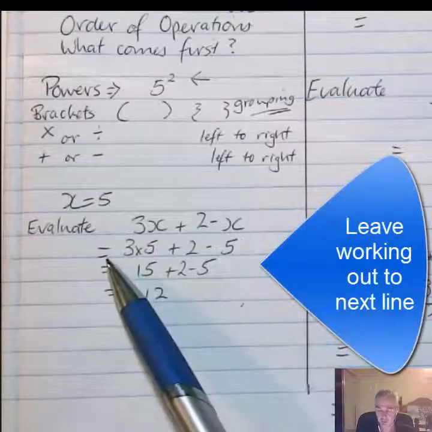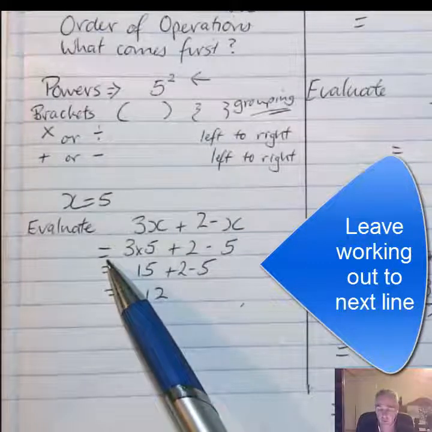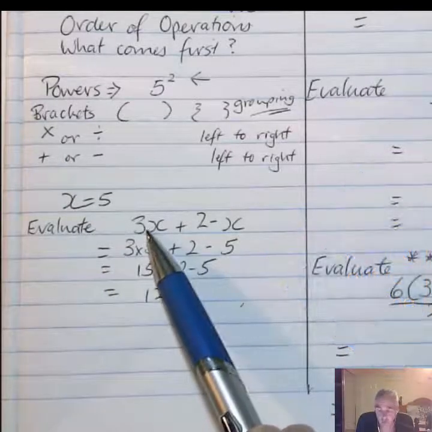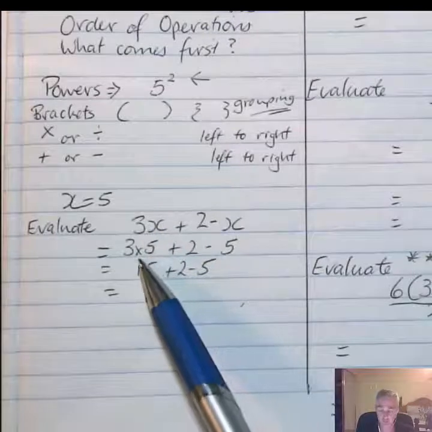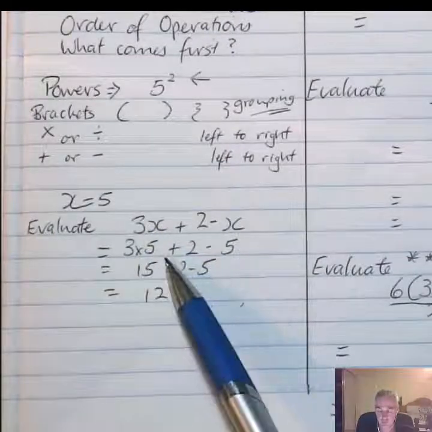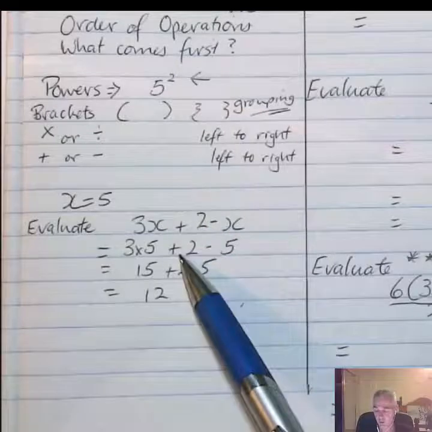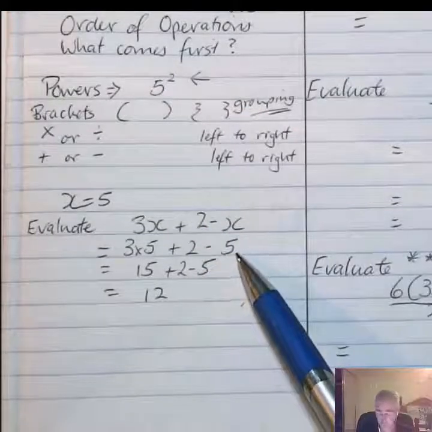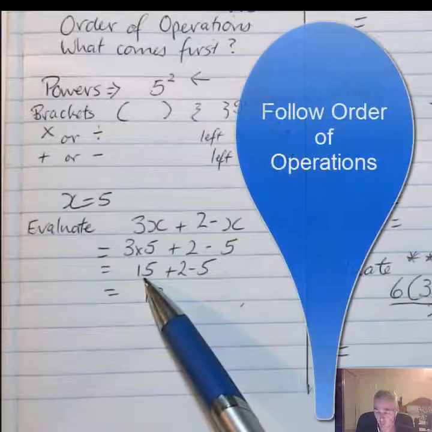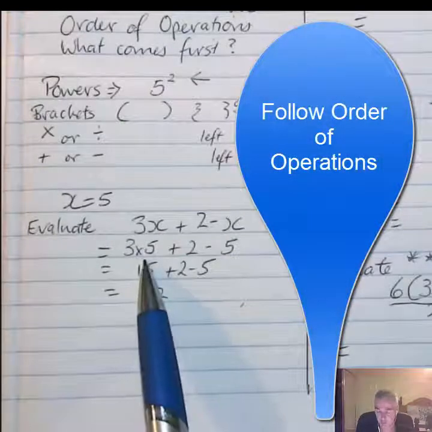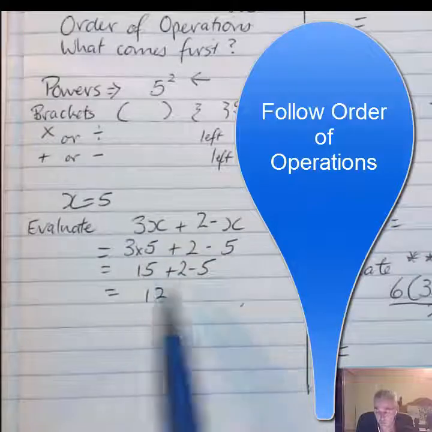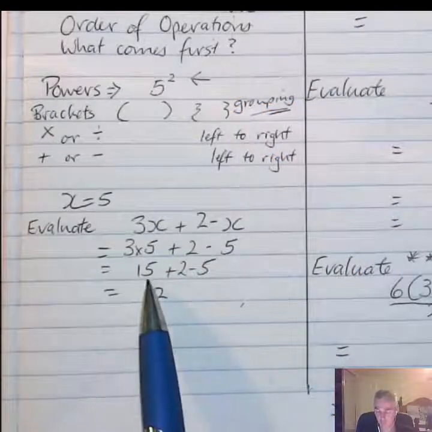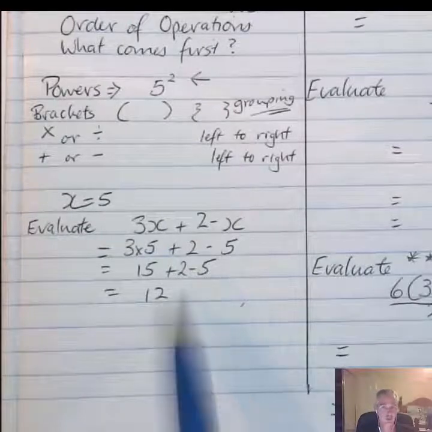So, equal sign to start off the line. 3 times 5, there was no times in here, but now I substitute in, I include my multiplying sign, plus 2, now that's a constant, it doesn't change, so I keep it the same, minus 5. Then I go about working it out. My order says multiplying comes first, so I do that, 15 plus 2 minus 5, and then I can go along the line, 15 plus 2 is 17, minus 5, I end up with 12.